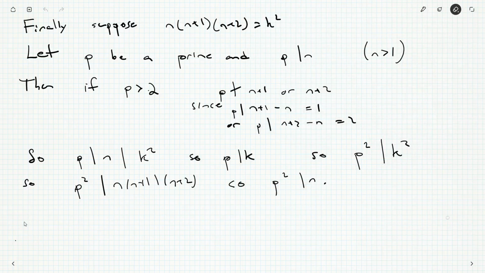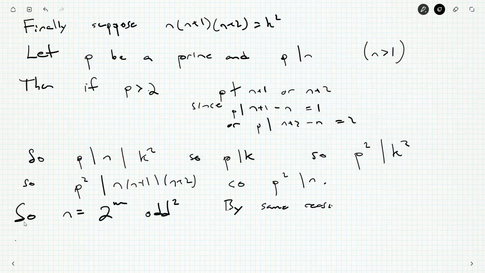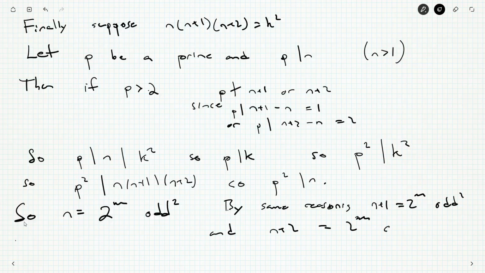Okay, so n is 2 to the something times an odd square. By the same reasoning, n plus 1 is 2 to the something times an odd square. And n plus 2 is 2 to the something times an odd square. Okay.